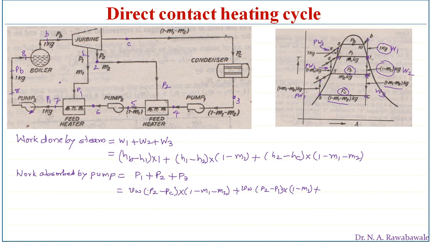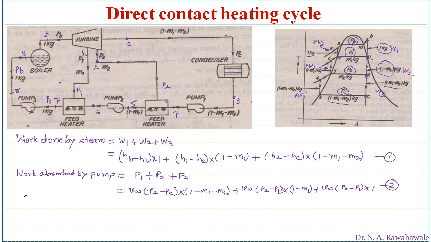Pump work 3 increases pressure from P1 to the boiler pressure PB, and therefore it can be written as work consumed by a pump, specific volume into pressure PB minus P1 into the mass of substance, which is 1 kg now. So from this side 1 minus M1, from this side M1 is going to add. So total mass of condensate is 1 kg. So multiply it by 1. So this is equation number 1 and this is equation number 2.